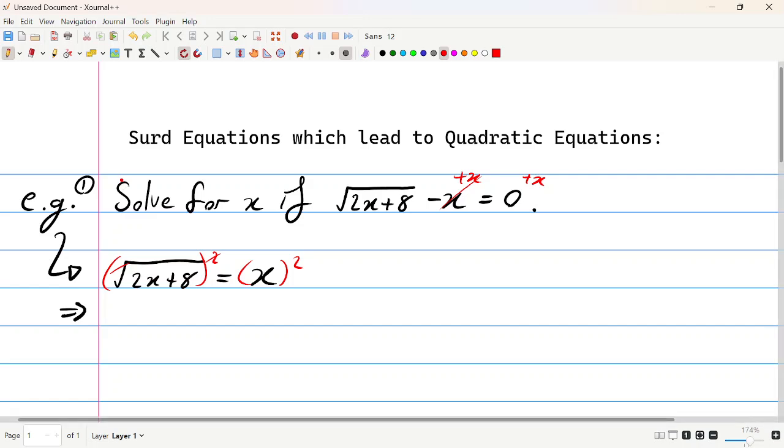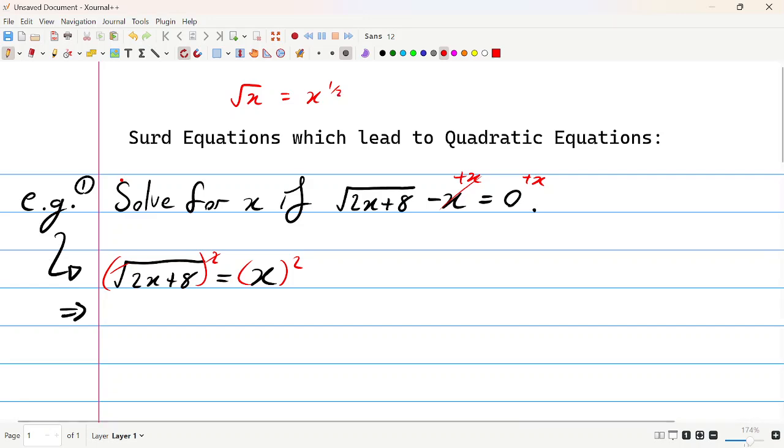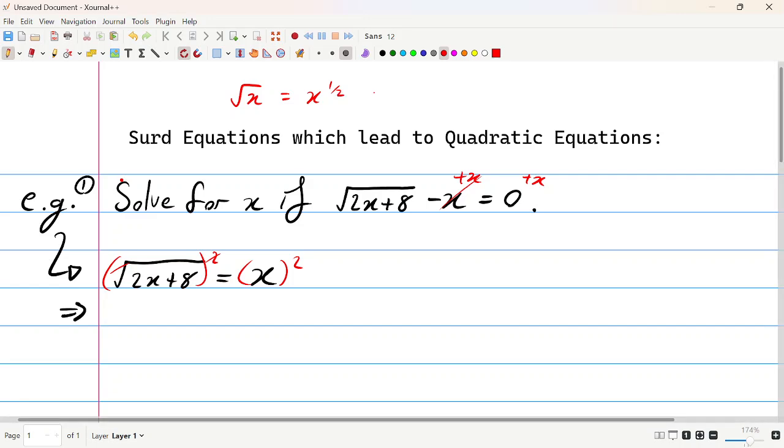And why does this work? Because remember, the square root of x is the same as x to the power of a half. And what happens if I take the square of both sides? Essentially, I'm saying x to the power of a half, raised to the power of 2.